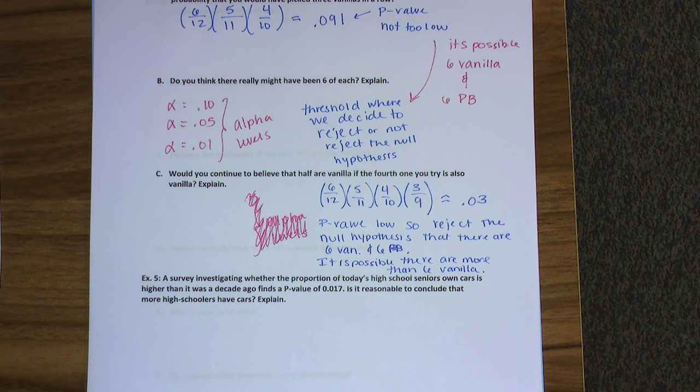So there are other factors that could play into it, so it's not completely foolproof, but in general we would say that it's very possible that there are more vanilla than they said, based on what our data gave us if we kept pulling vanilla ones in this case.